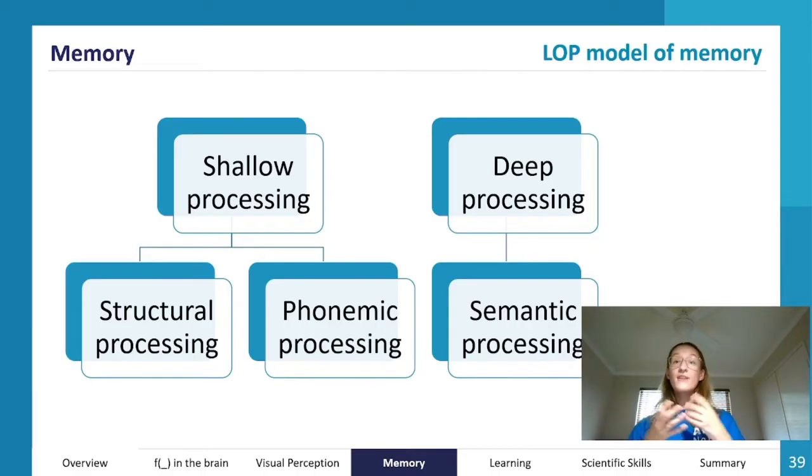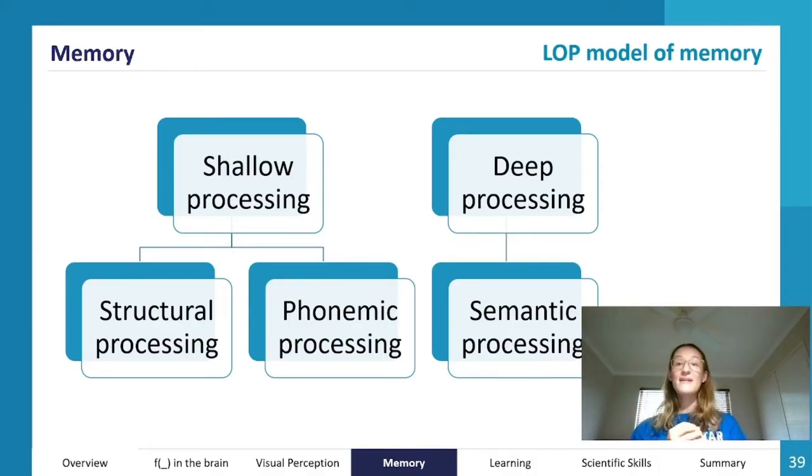Whereas, for example, if a close friend or a family member of mine, if I was having a conversation with them about a similar topic, that actually has a much higher chance of staying in my memory because there's much more connections there, because I'm encoding that information a lot more semantically in my brain.